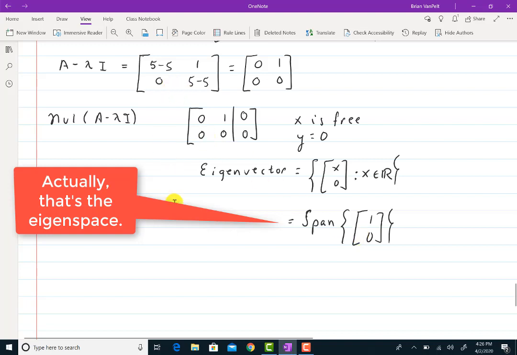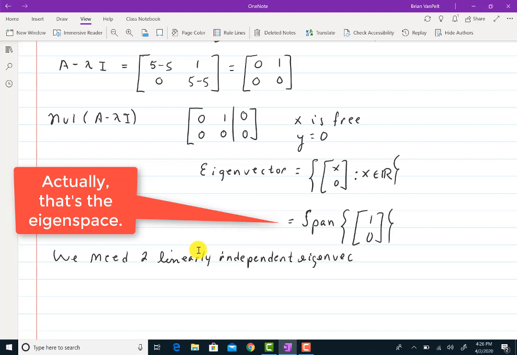I need two linearly independent eigenvectors, but we only have one. So the matrix is not diagonalizable.